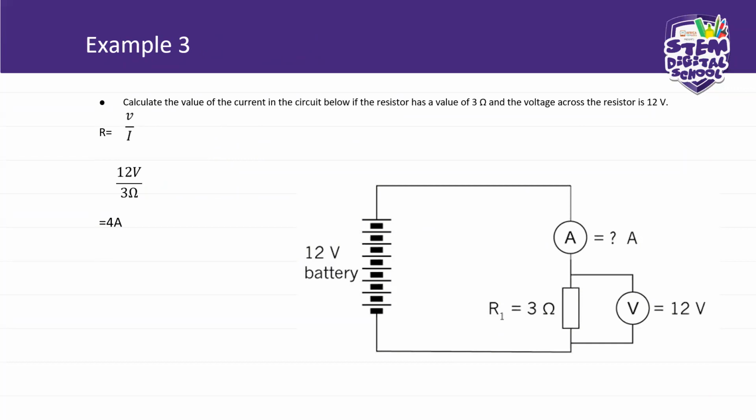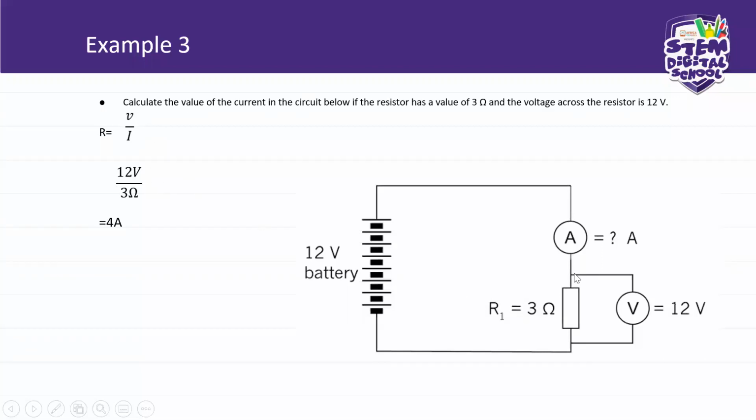So it's 12V divided by 3. This formula on the slide is wrong. It should be I equals voltage divided by resistance. The formula is wrong, but the calculation is correct.